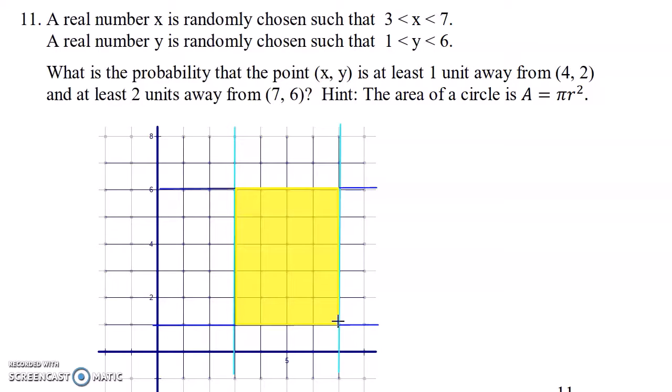What is the probability that the point chosen at random is at least 1 unit away from (4, 2)? So that would be that point right there. So my center of this circle is at (4, 2). And 2 units away from (7, 6). So 2 units away from that endpoint there.